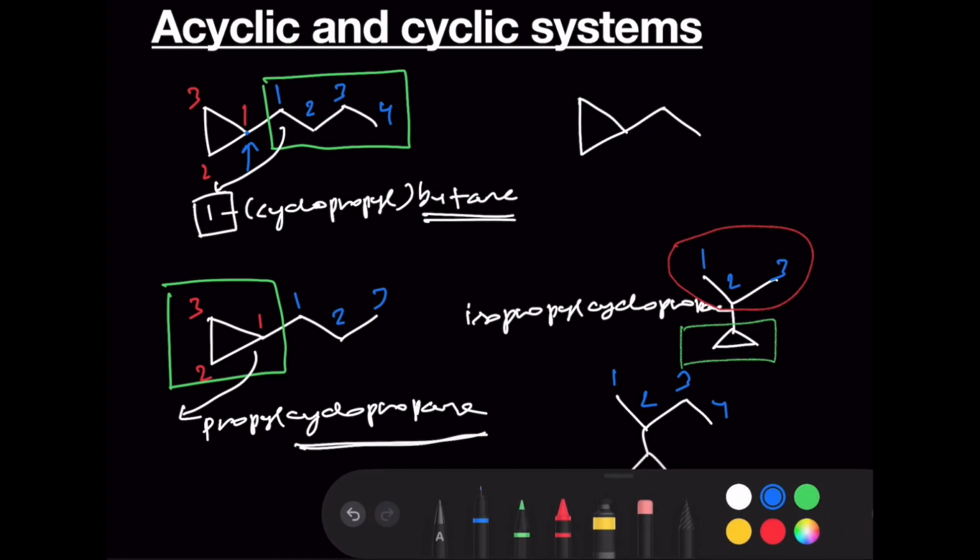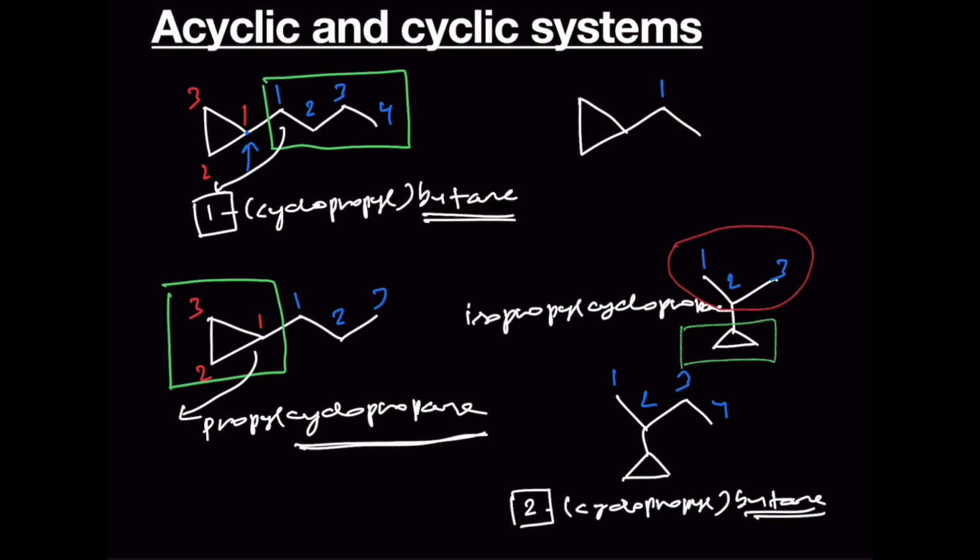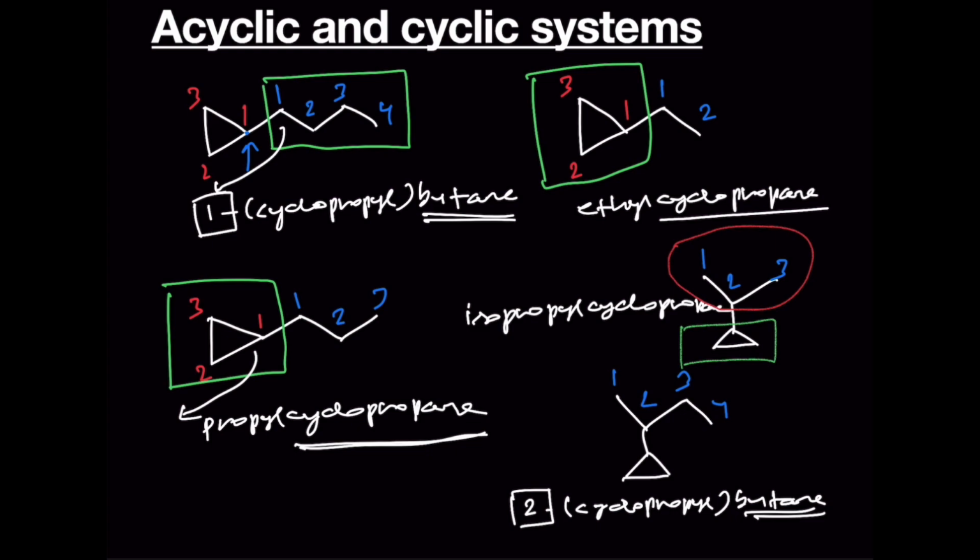In the third one, once again number it 1, 2, you have an ethyl group and then the ring has 3 carbons and therefore, ring is the parent. So, this will be simply ethylcyclopropane. You do not have to mention the 1 because it is a monosubstituted cycloalkane.